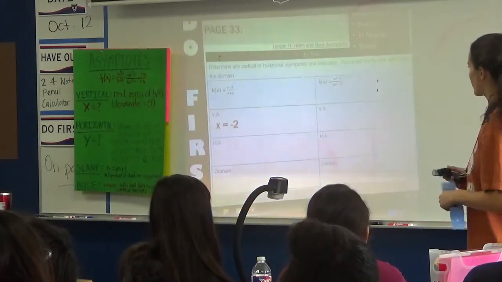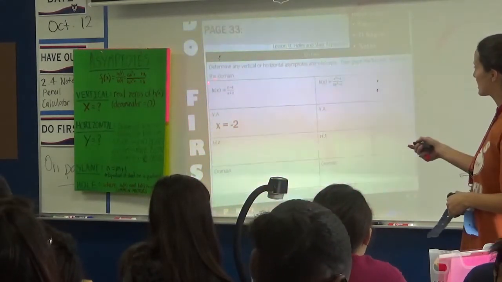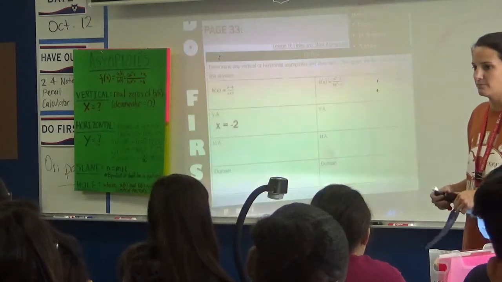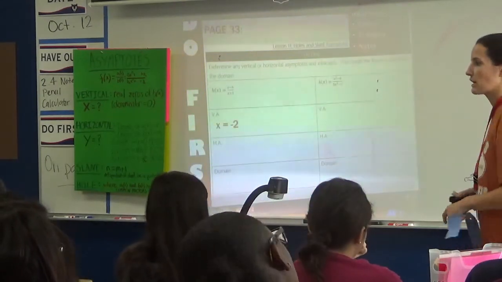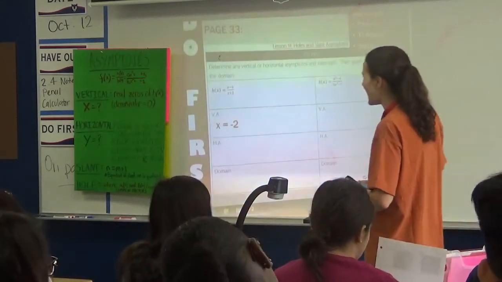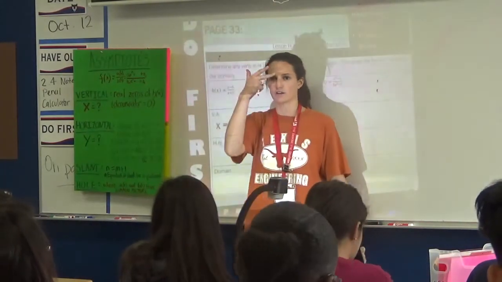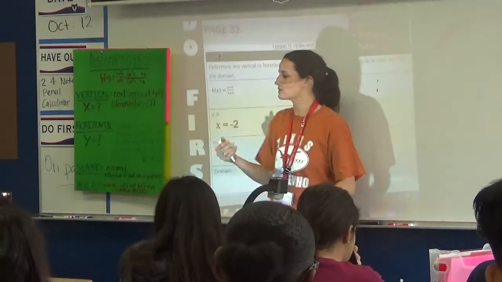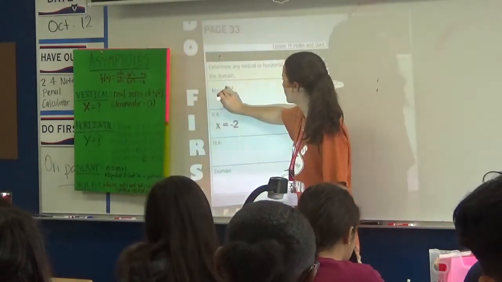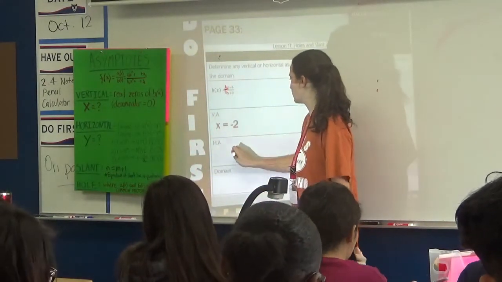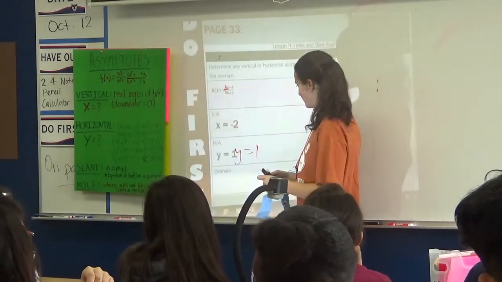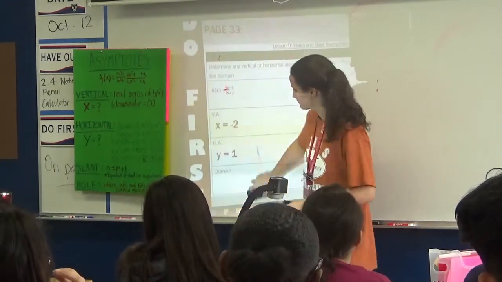Let's take a look at this one. In this case, are the exponents the same? Yes. So if our exponents are the same, we're going to divide the coefficients. Exponents are the same, divide coefficients. So we have 1 divided by 1, which is y equals 1.